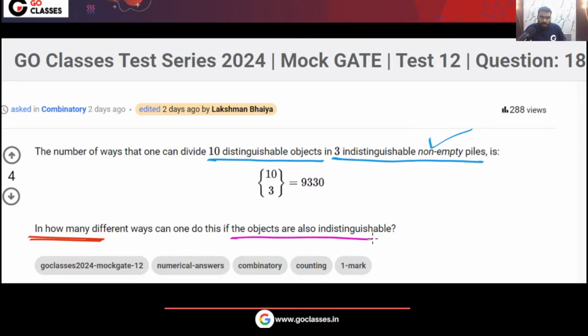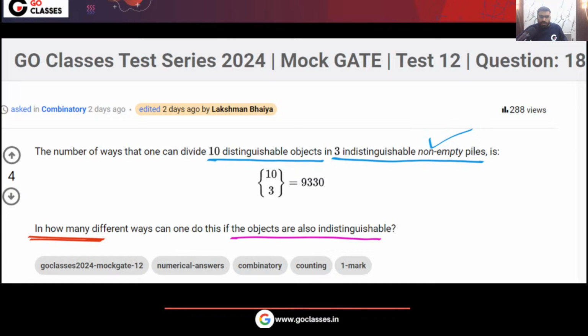If the objects are also indistinguishable, if the objects are also identical, then in how many ways can you do this? Now let me tell you why I gave you this question. Some students will be thinking that there is a relationship here also. Yes or no?